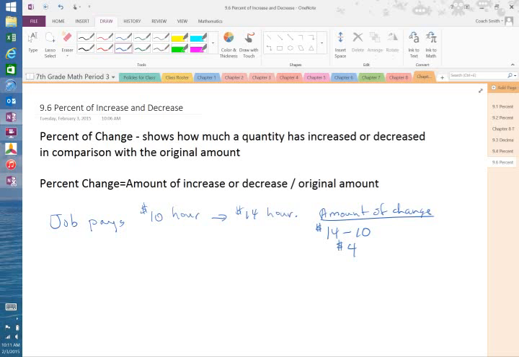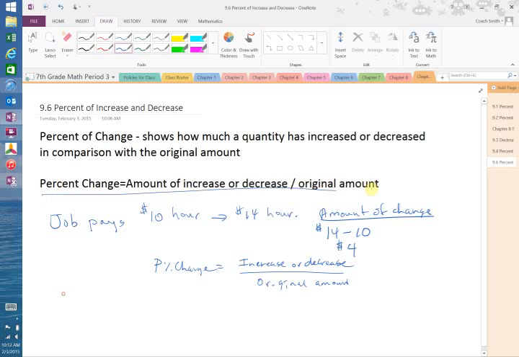Now, to find out the percent of how much it changed, we simply take our percent of change is equal to the increase or decrease, also known as the amount of change, over the original amount.